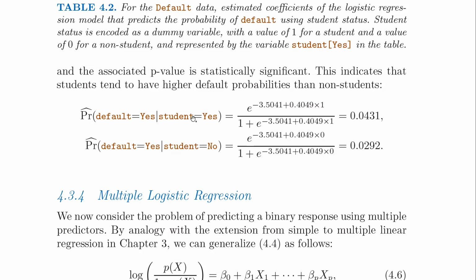We're going to see that a student, although it's 4% over here, it's not giving you the whole story, as is often the case with a single predictor variable. Once we allow for balance, in fact, student equals yes is actually going to be the safer bet.